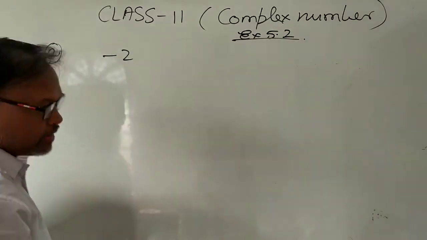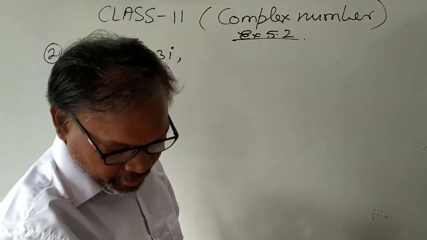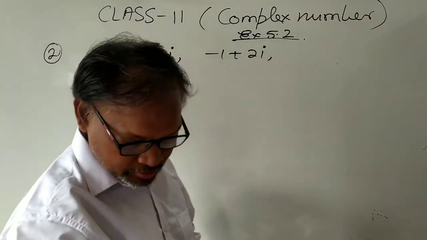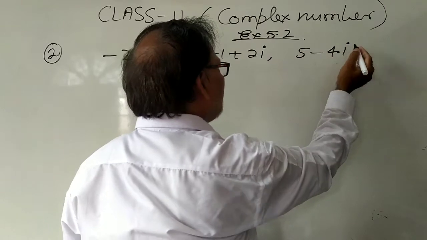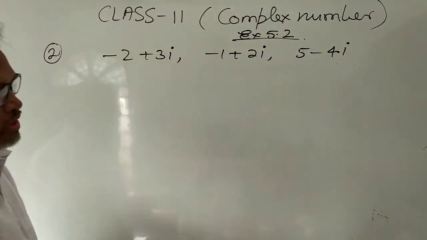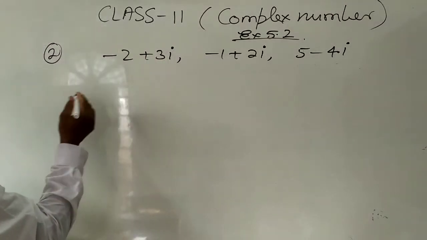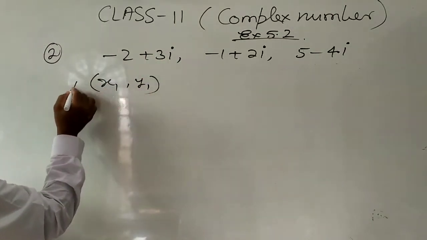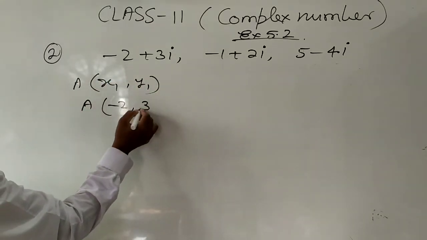Minus 2 plus 3i, comma, minus 1 plus 2i, comma, 5 minus 4i. These 3 points you have to show are collinear. So how to show the collinear? Using the distance formula. First you let the coordinates x1 comma y1, that is point A, means minus 2 comma 3.